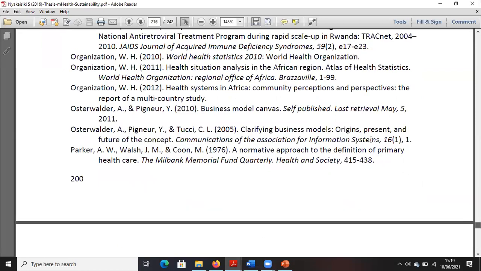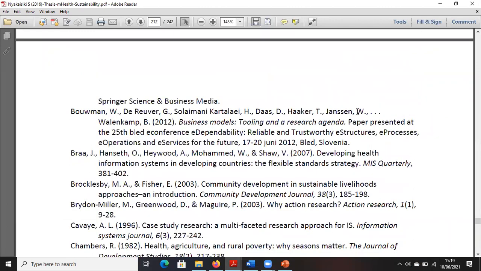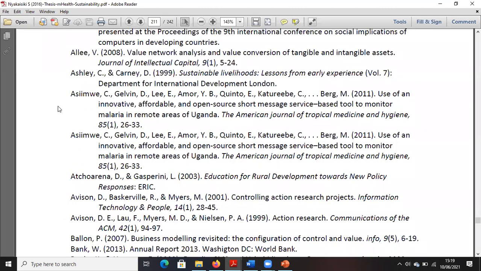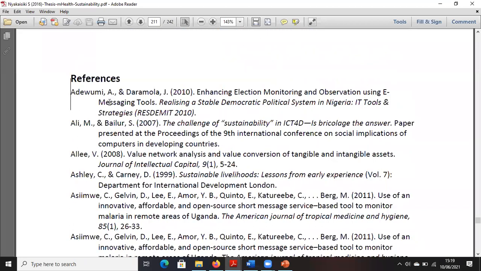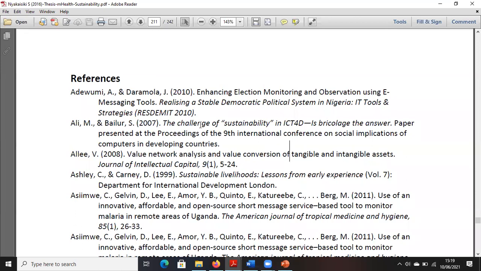So this is a list of all my references, starting from here. You give the full name of the people whom you used. For example, these two authors, Ali and Belur, who looked at enhancing electronic monitoring and observation using e-messaging, and the challenge of sustainability.